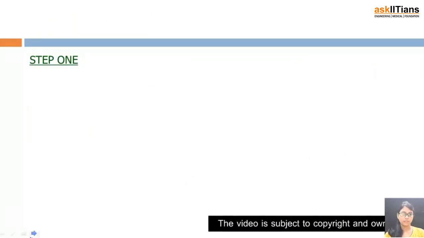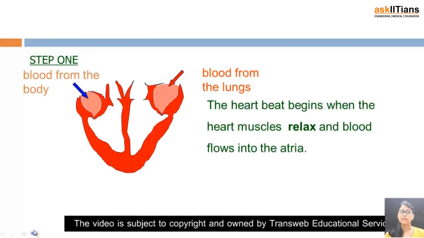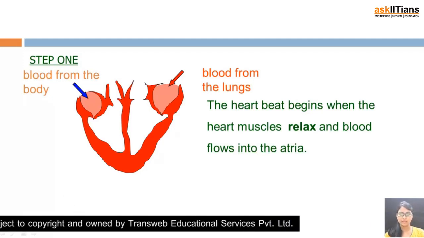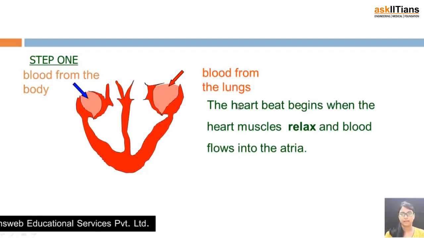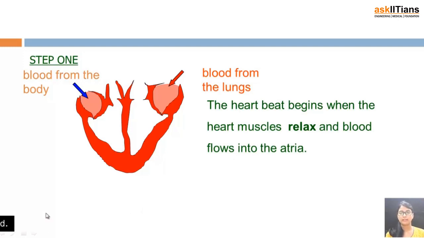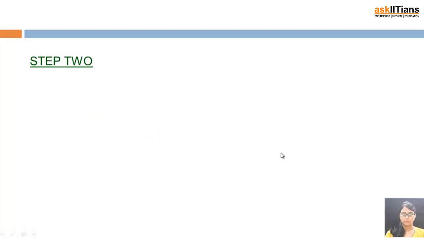Step 1 involved in the cardiac cycle. Look, blood from the body is coming inside. The heartbeat begins when the muscle relaxes and blood flows into the atria. Step 2.